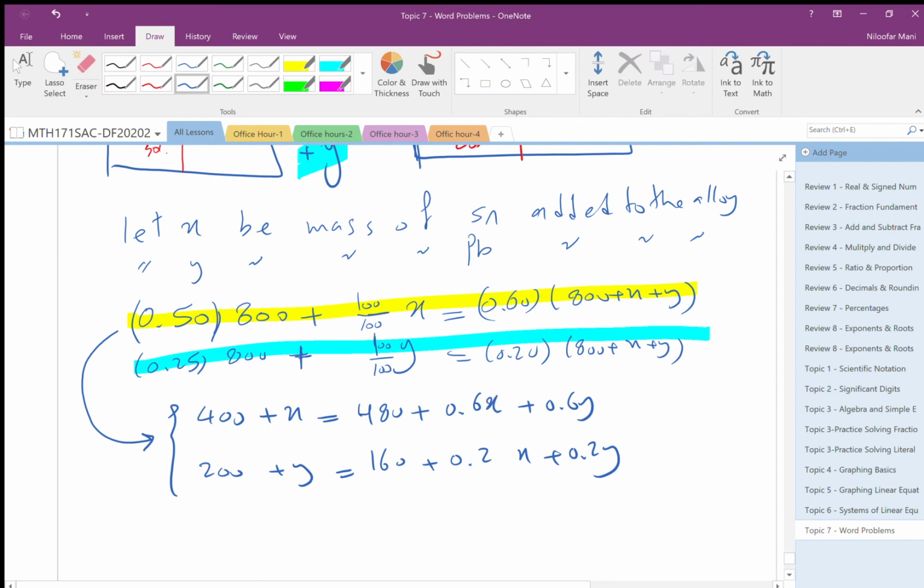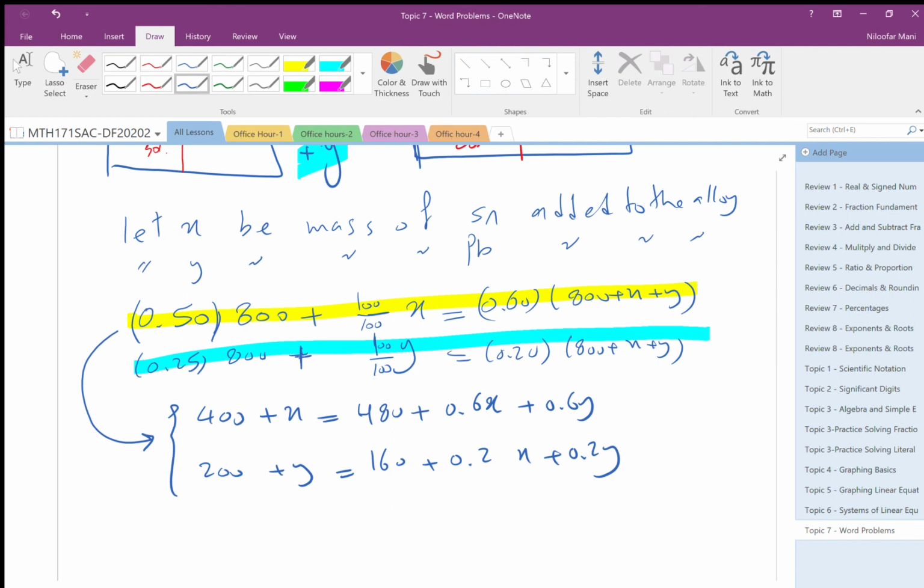Remember, when you just add something, just x, for example just Sn, if I ask you what is the concentration of Sn that you added, you would say 100%, because you are just using that. The whole thing is Sn and the whole thing is Pb, so it's 100%.